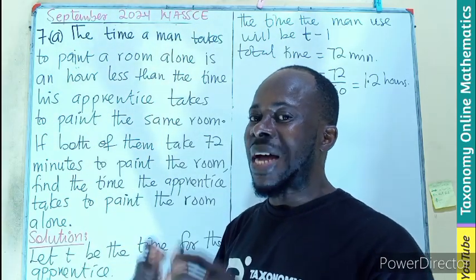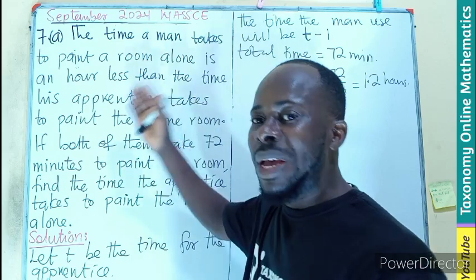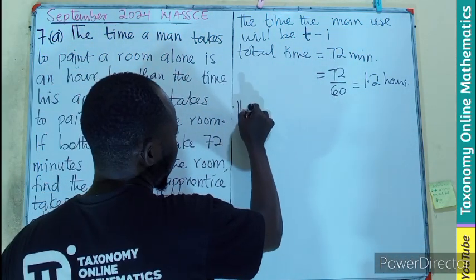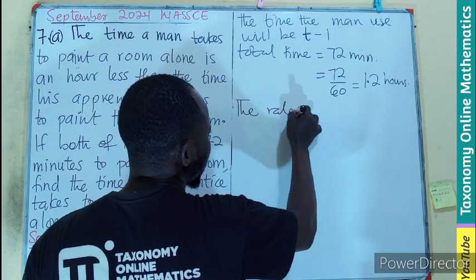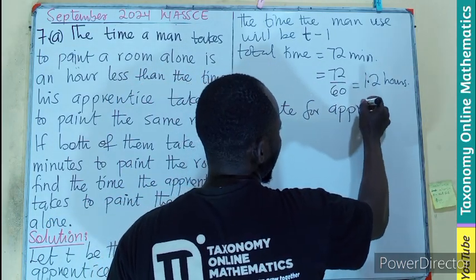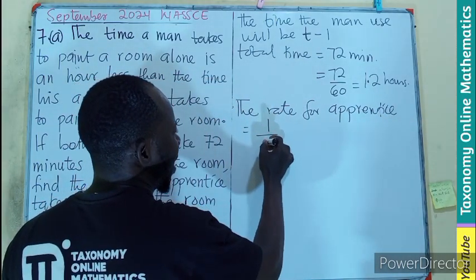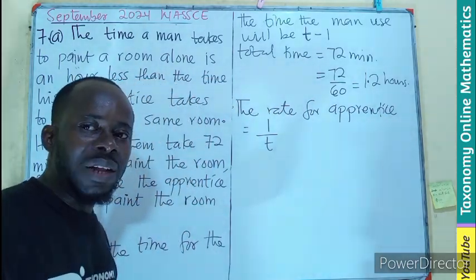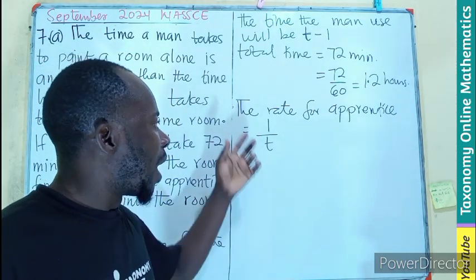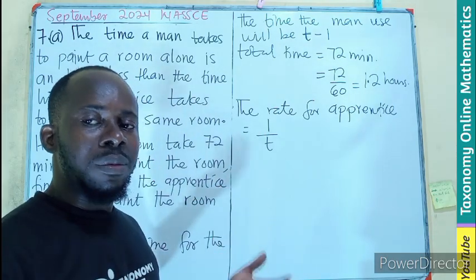So let's find the rate at which each of them is painting. We can begin with the rate for, let's say, the apprentice, which is going to be 1 divided by T. That's the rate at which he will be painting, rooms per hour. How many rooms? 1 room, since they are painting the same room. 1 room per hour.